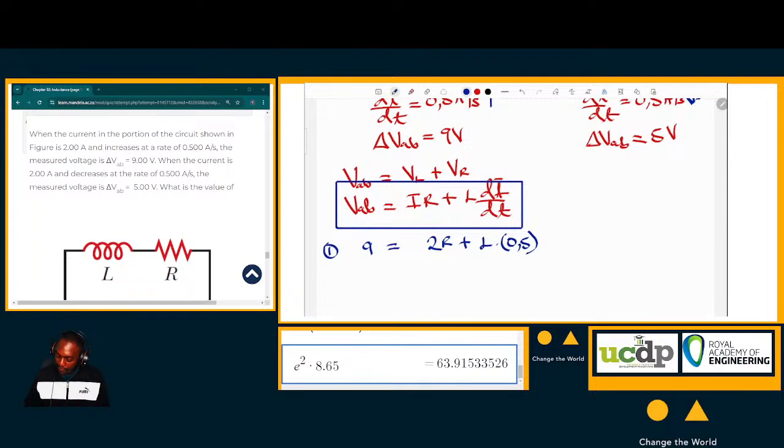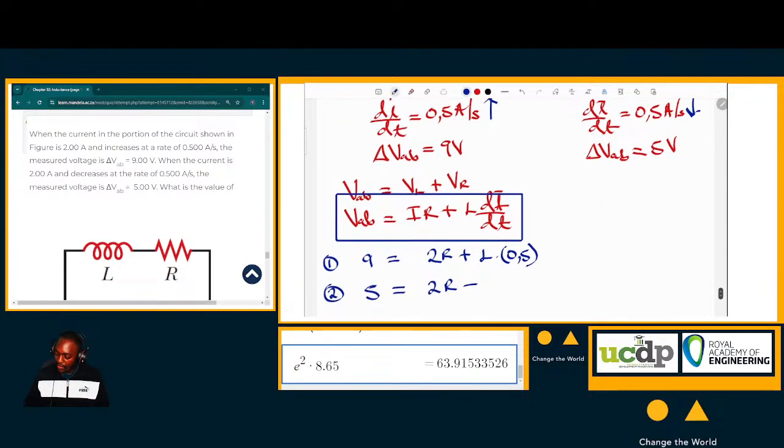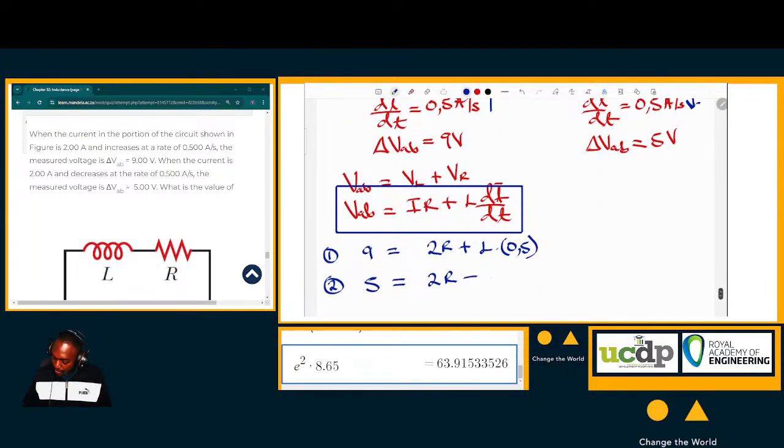So 9 equals 2R plus 0.5L. I've simply substituted into this equation. Then equation 2, I do the same. I substitute 5. It's 2R, and now it's negative because the rate is reducing, so that becomes negative L times 0.5.